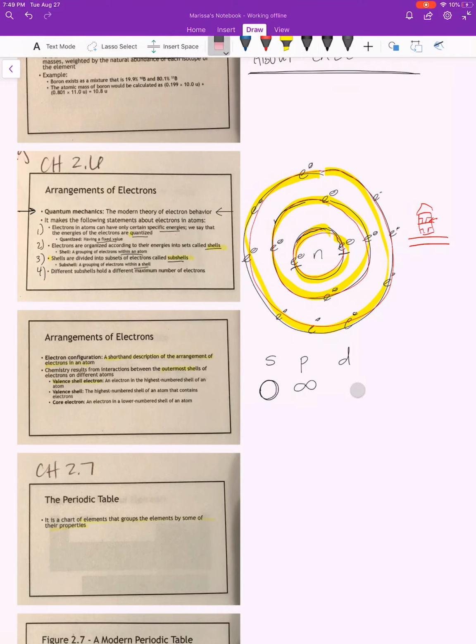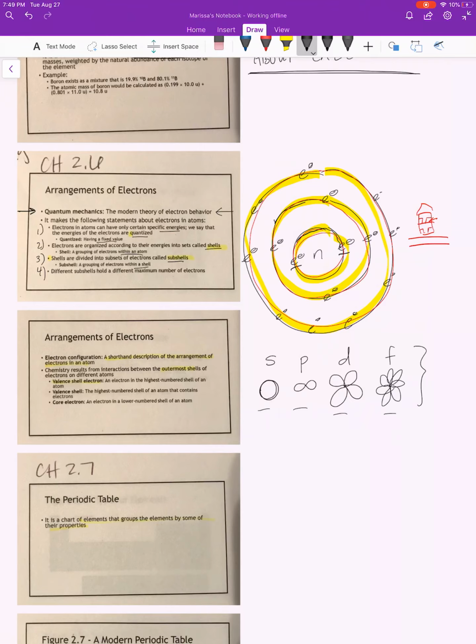Mine's not very pretty. See if I can do a better job. It's a little bit better. And the F's, which I'm not even going to try to draw that well. They're very chaotic. But these are the subshells. They have different shapes and different names: the S, the P, the D, and the F. And we'll see a little bit more on that later.